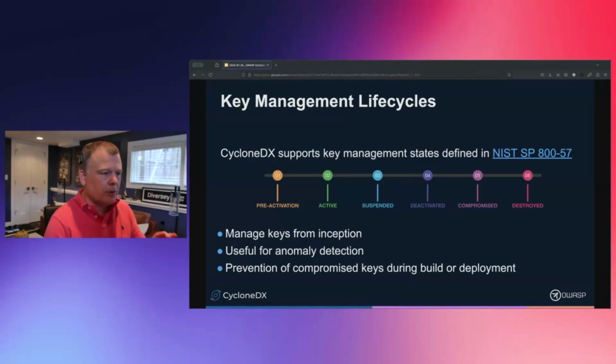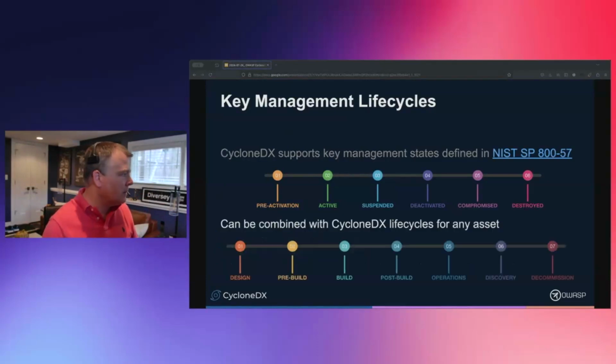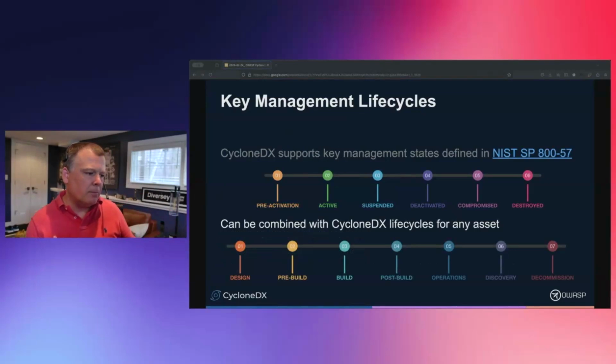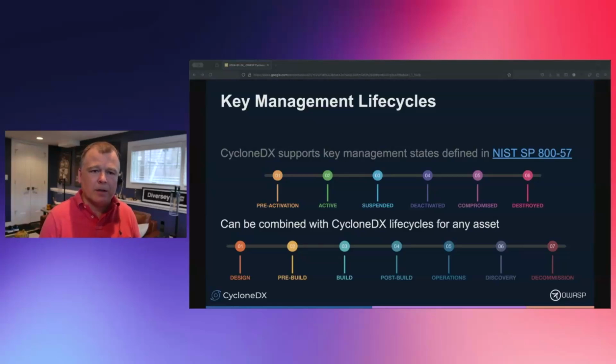But CycloneDX also supports traditional life cycles as well. So if I go to this next slide, it can be combined with other life cycles. So, for example, if my build system, if I'm building software, and I realize that maybe I'm using a compromised key, well, that's interesting.